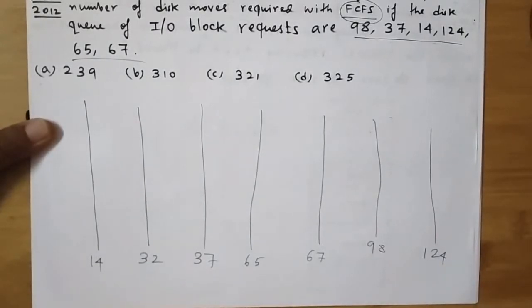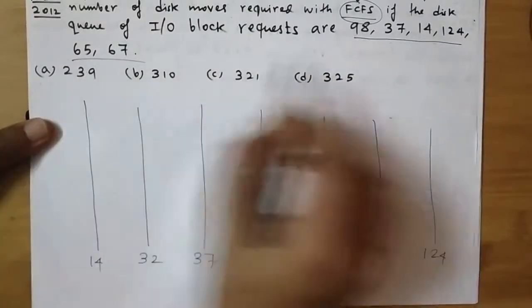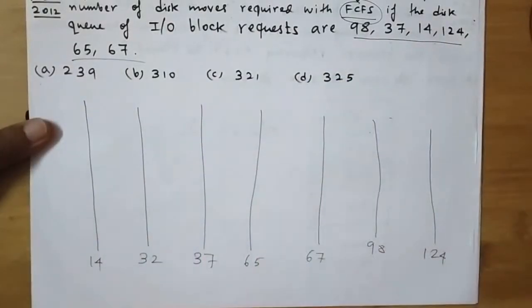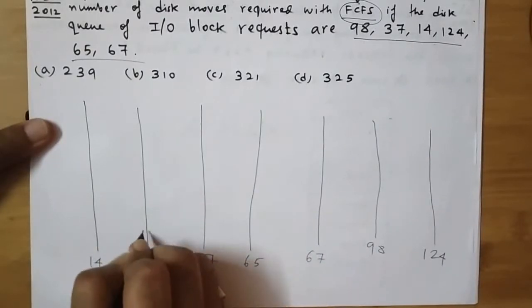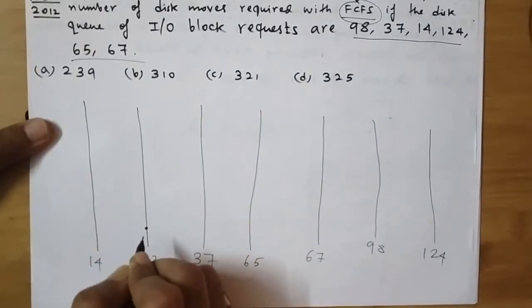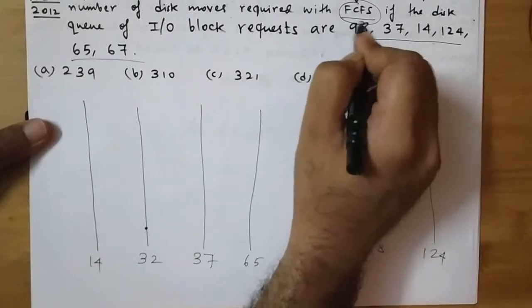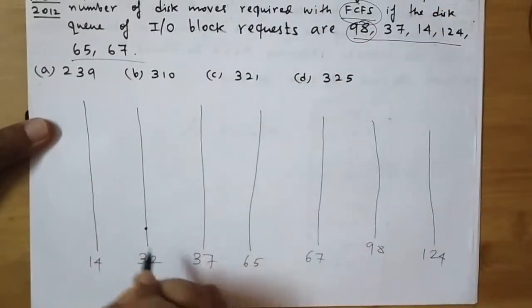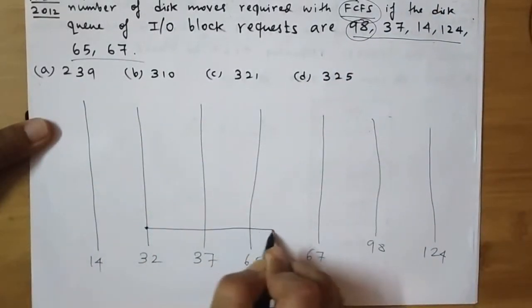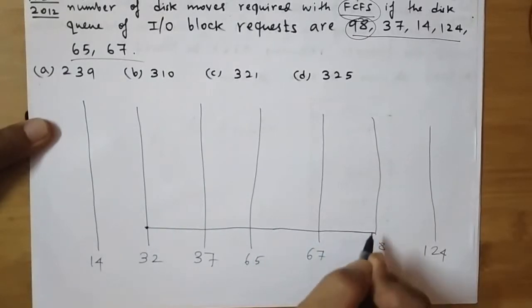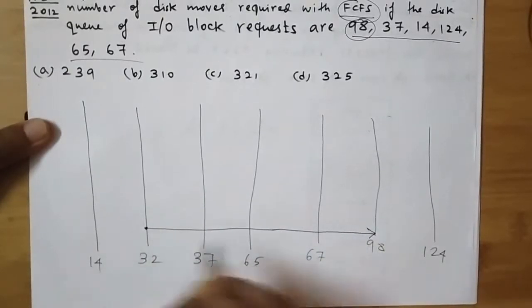Okay, so these are my disk blocks, and I need to keep in mind the order of the input output requests. We are initially at 32. From 32 we first have to process 98, so we move from 32 to 98.